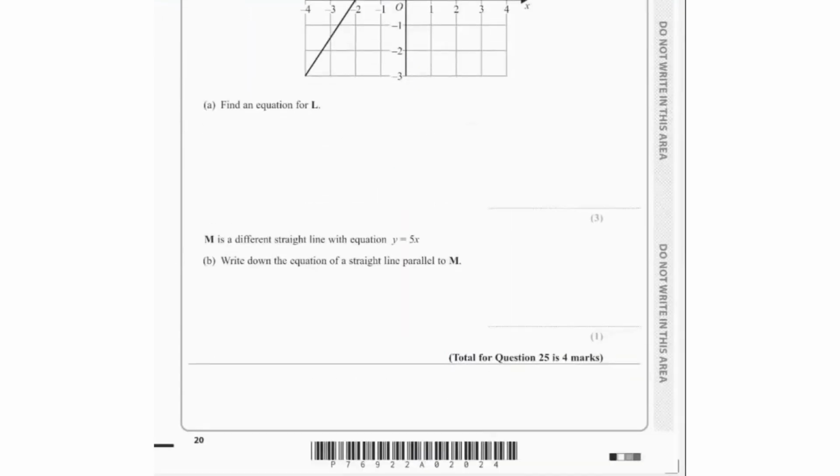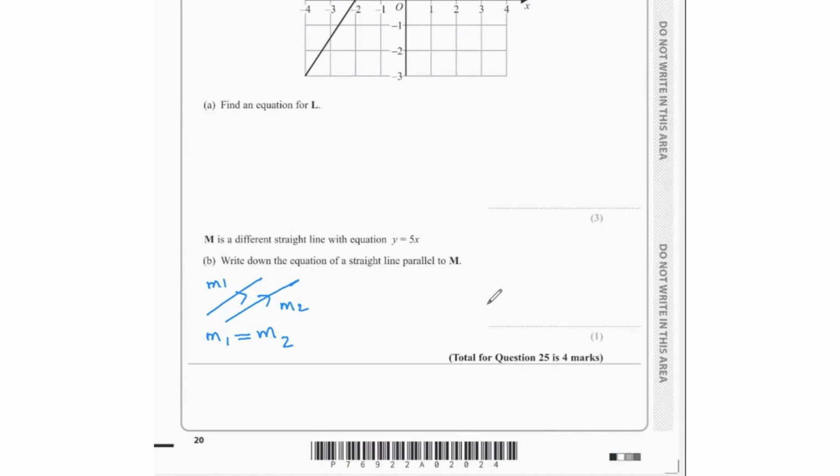Then it says m is a different straight line with the equation y equals 5x. Write down the equation of a straight line parallel to m. The main property of parallel lines is that parallel lines have the same gradient. So m1 would equal m2. If the gradient is the same, the only thing that's changing is your y-intercept.